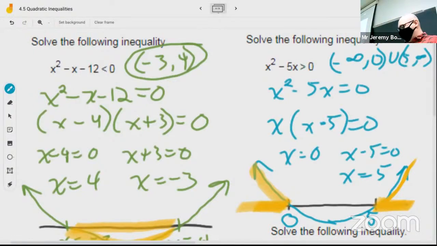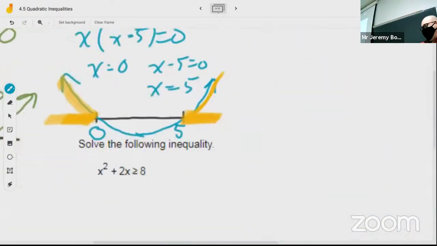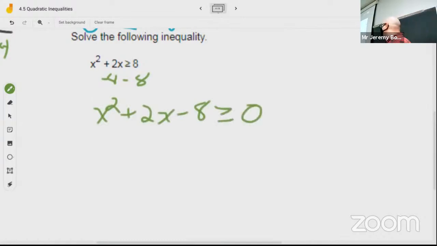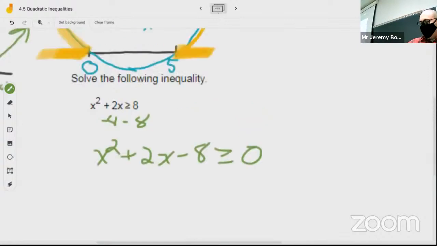All right, this last one. So this last one's not set up as of yet. We're going to do a little bit of work, and I'm going to subtract 8 from both sides. We'll get x squared plus 2x minus 8 is greater than or equal to 0. And we're going to do the same thing now. Why wouldn't you include 5?